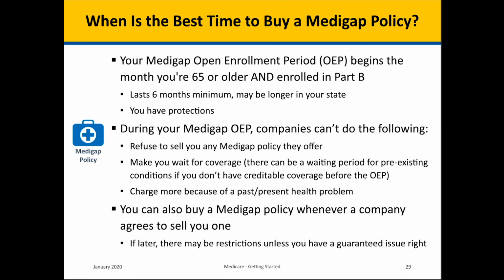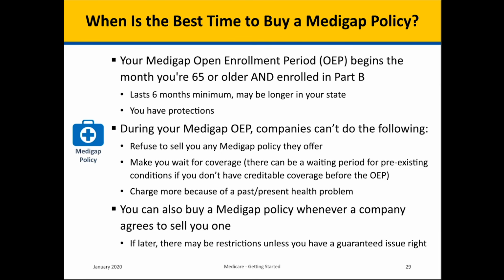Next slide, please. When is the best time to buy a Medigap policy? Usually the best time is during your Medigap open enrollment period, which begins when you're 65 or older and enrolled in Part B for the first time. You must also have Medicare Part A to have a policy, and you have a 6-month open enrollment period, which gives you a guaranteed right to buy a Medigap policy.